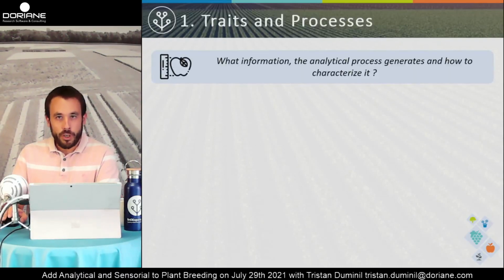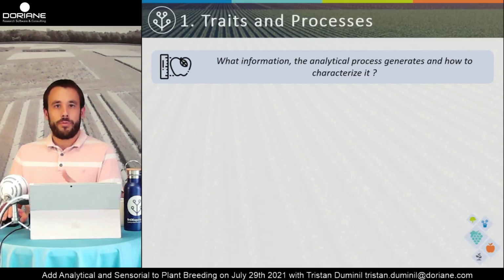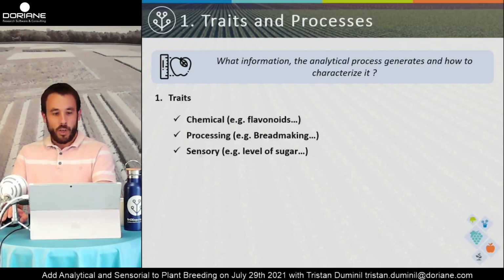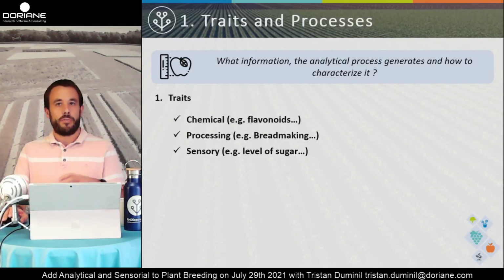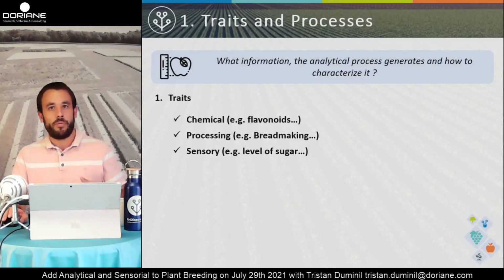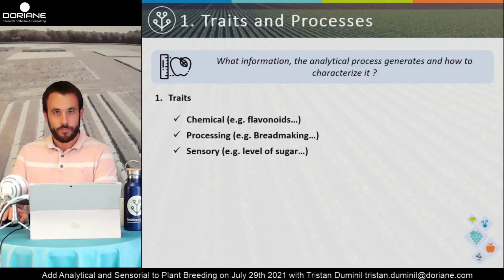Depending on the food product and the market targeted, the type of traits to track can be very diversified. So what information does the analytical process generate and how do we characterize it? We can speak about the chemical traits, for example, increasing the amount of micronutrients or bioactive compounds, modifying fat and oil compositions, or improving carbohydrate quality or protein quality.